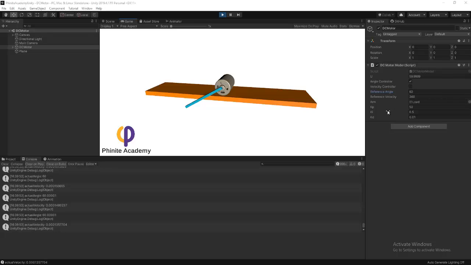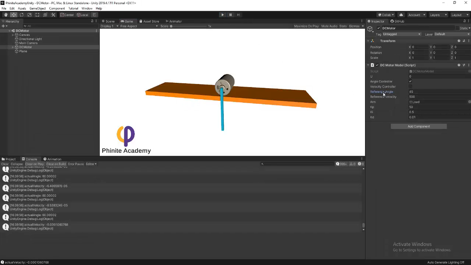So it's a visualization of the motor rotation, okay? On the right hand side we have the model parameters, where U is the input for our study. The angle controller and velocity controller options choose what type of controller is used in this study, okay?